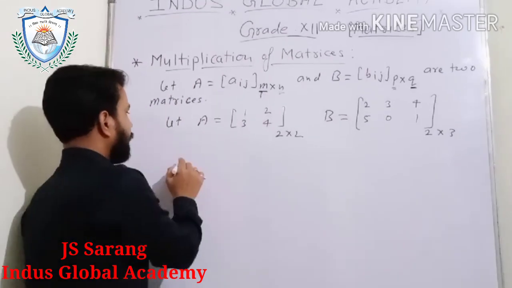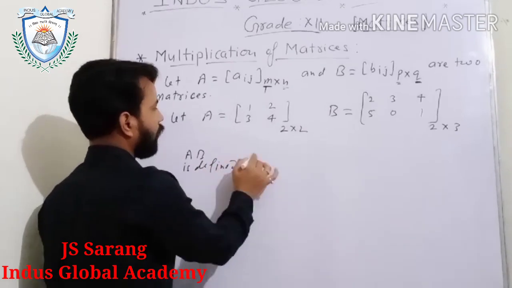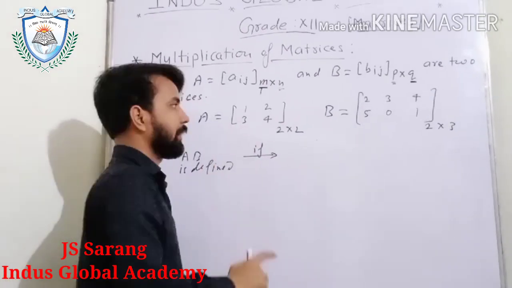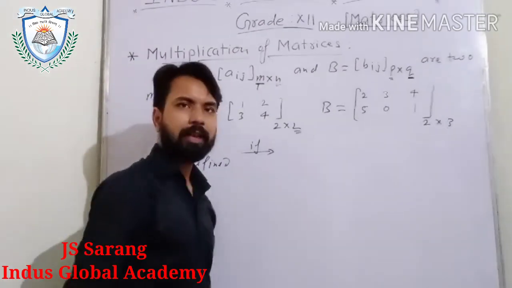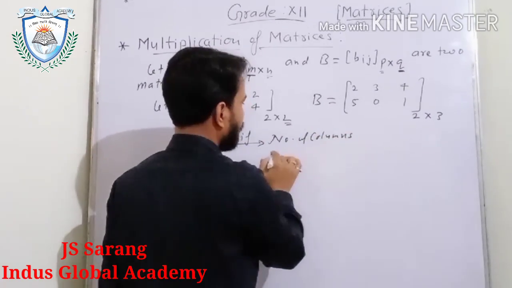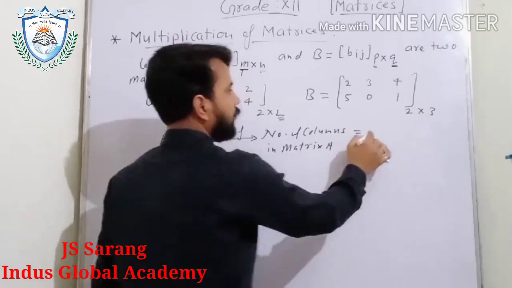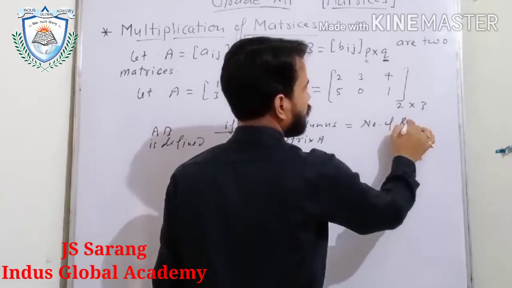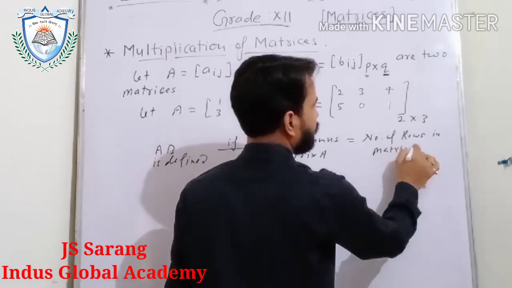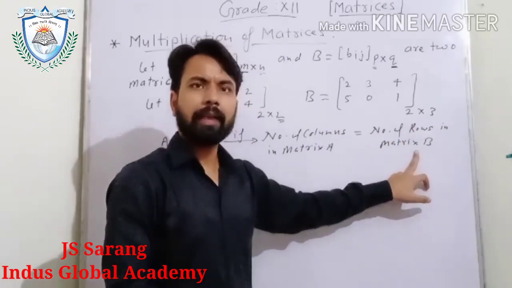So I told you that AB is defined only when the number of columns of the first matrix, that is 2, number of columns in matrix A, is equal to the number of rows in matrix B. So check whether the number of columns in matrix A and the number of rows in matrix B are equal or not.